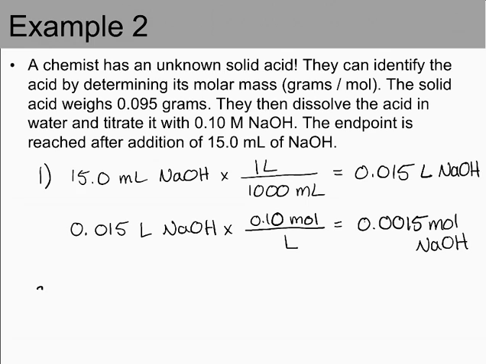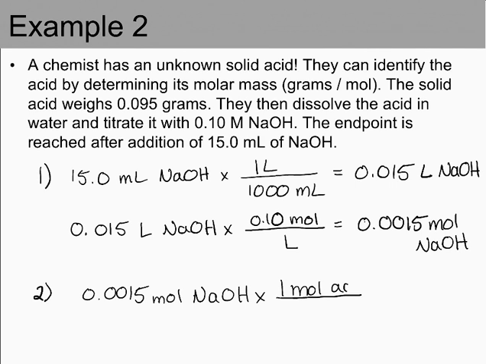Now, let's assume that the base and the acid react in a 1-to-1 ratio. So for step 2, we're making a bit of an assumption here. Let's assume that 1 mole of acid reacts with 1 mole of NaOH.